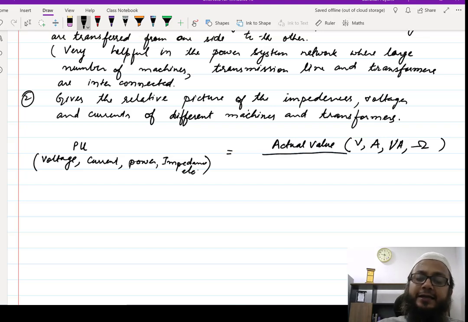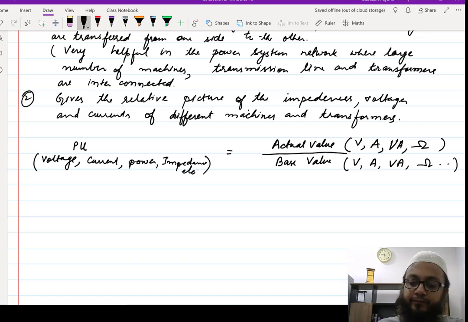Then you have to choose a base value, and we'll see how to choose a base value. The base value is for the same quantities: voltage, current, power, and the impedance or the admittance as well.